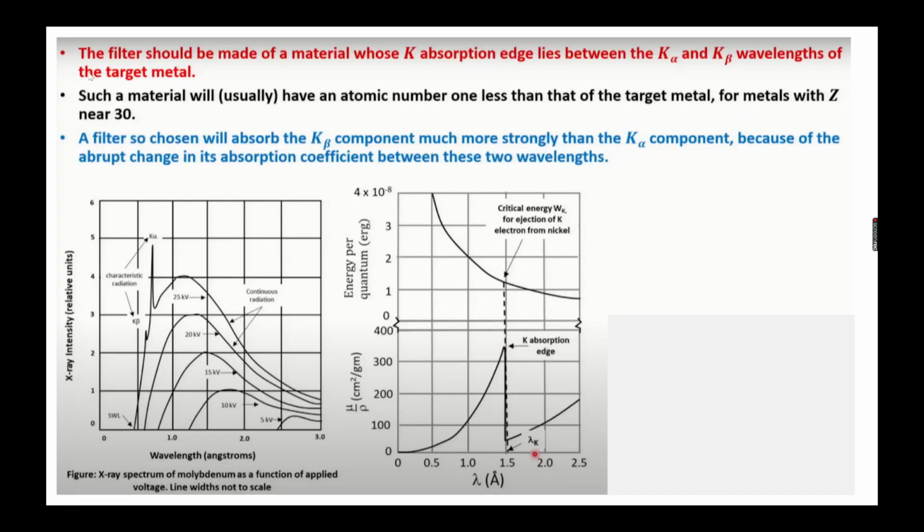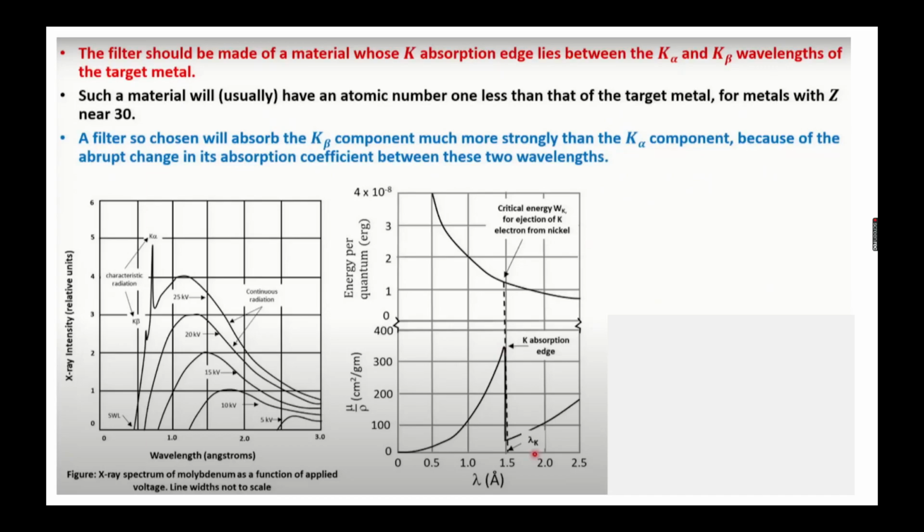Here the voltage is increasing. The filter, it is saying, we use the filter also, and I have also shown you what the need of the filter is. That one question we came across in the last lecture, we wanted to remove some wavelengths and capture only a few certain fixed wavelengths of X-ray. So the filter should be made of a material whose K absorption edge lies between the K alpha and K beta wavelength of the target material.